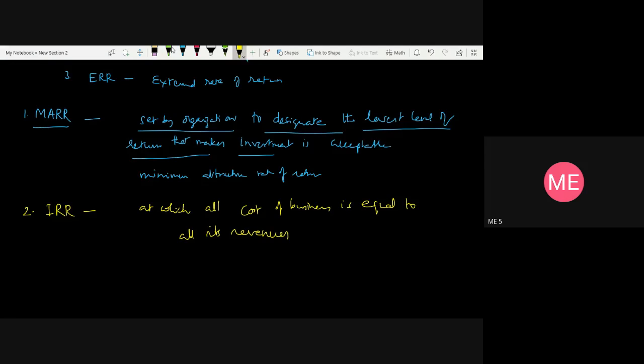In other words, IRR represents the rate of interest at which all outflows equal all inflows of the cash flows. So for any given cash flow diagram, when I say all are equal, meaning cost equals revenue, I will not get any loss and not any profit.